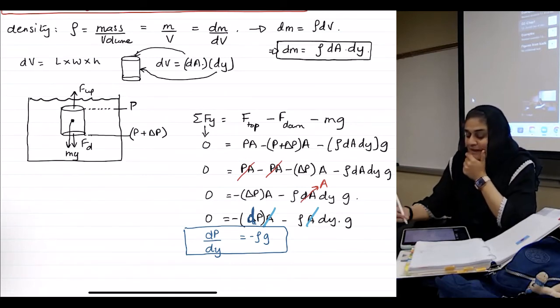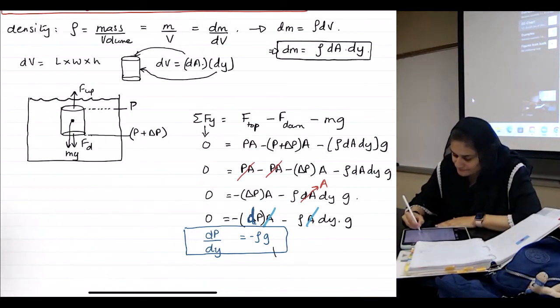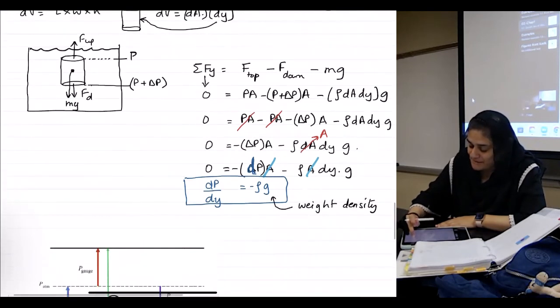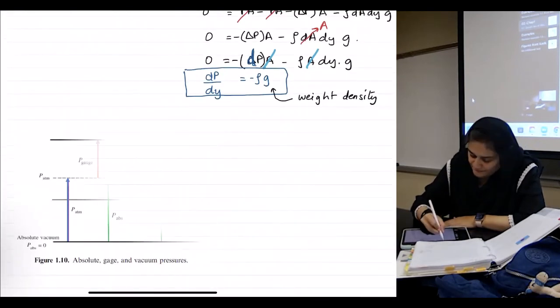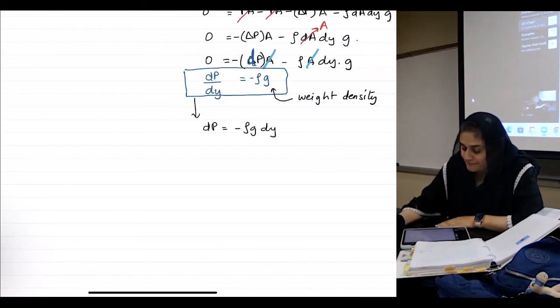This is called weight density. And I can simplify this equation by using Calc 1 very simply. Can I write this like that? May I integrate?